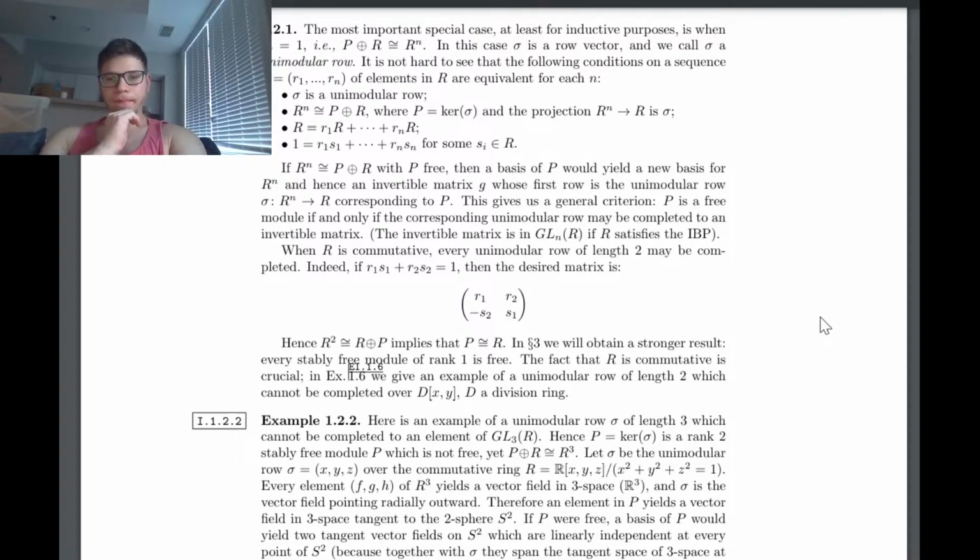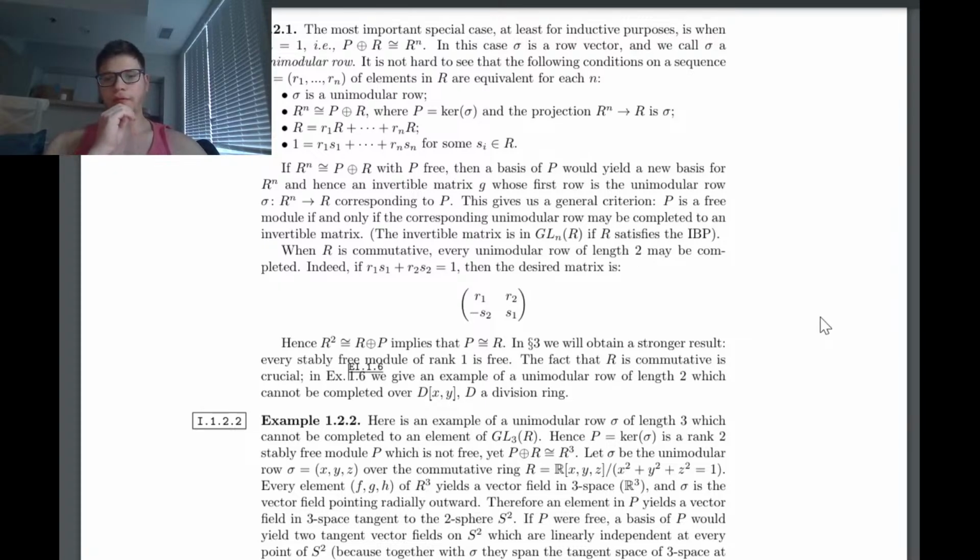So it's a unimodular row, so the projection from Rn to R is given by a, okay, so if you have a basis of P, then this is implying that the vector R1 to Rn indeed represents the unimodular row, which I'm not quite sure about now.